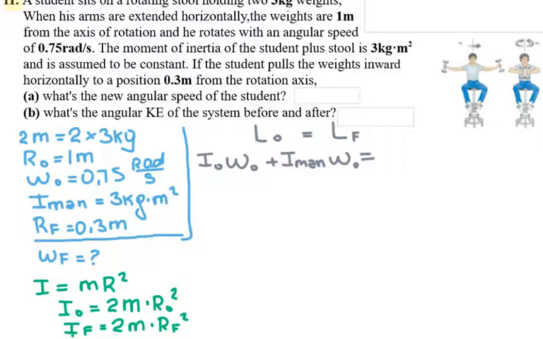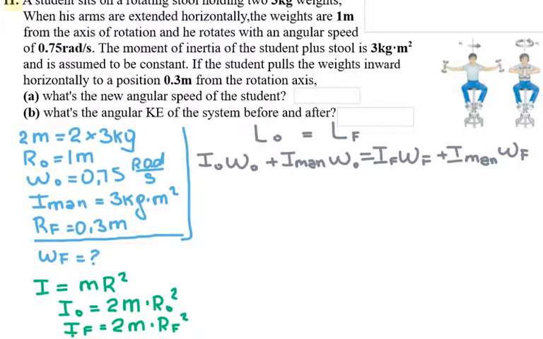And for the final, I have the final inertia when he brings the masses closer, times the final velocity, plus the inertia of the man, which doesn't change, since the stool and the man don't change their inertia, times the final velocity.